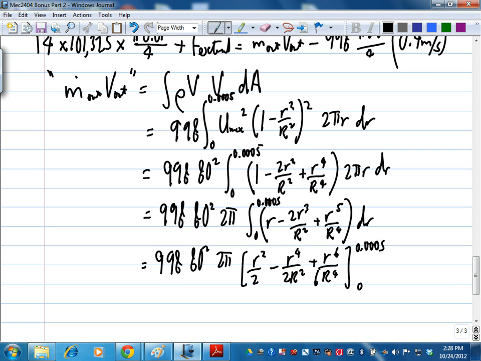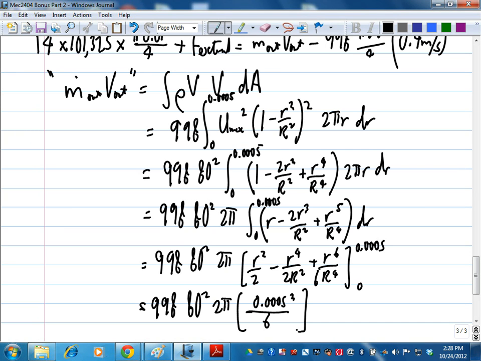Okay. Half minus half, 0, plus 6. So the answer here should be 998 times U max squared times 2 pi times 0.0005 squared over 6. Alright, after integration, small r and big r are the same value.